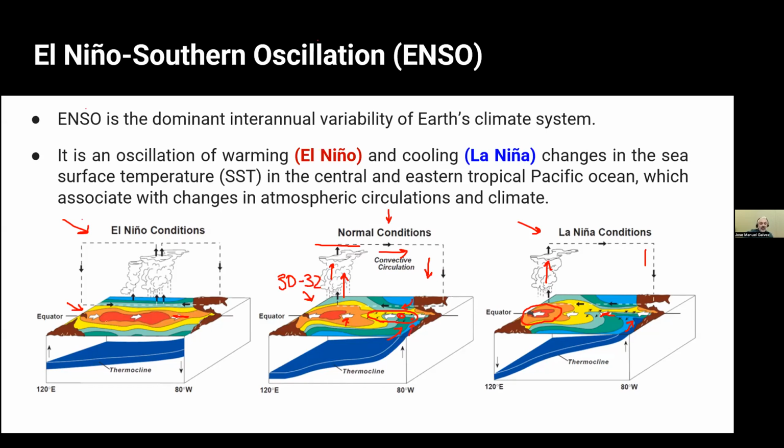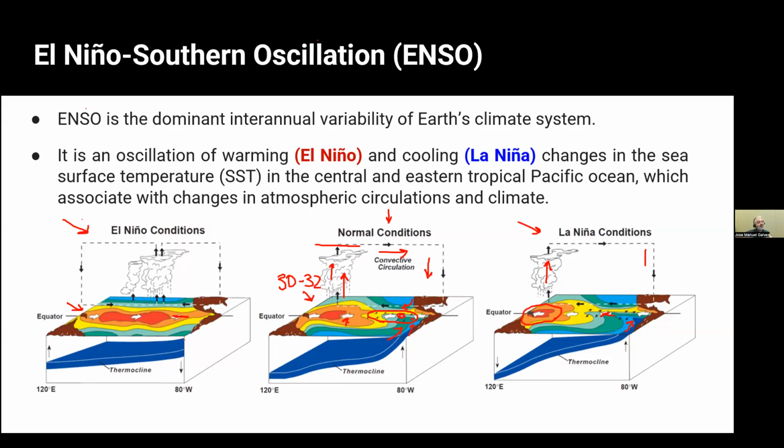Then the SSTs, the process is complex, and we're going to talk about it later. But the SST distribution or sea surface temperature distribution also changes. So you end up getting warm temperature anomalies in the Central and Eastern Pacific, and then the warmest waters, the 30 to 32 Celsius waters, end up organizing in the Central Equatorial Pacific.